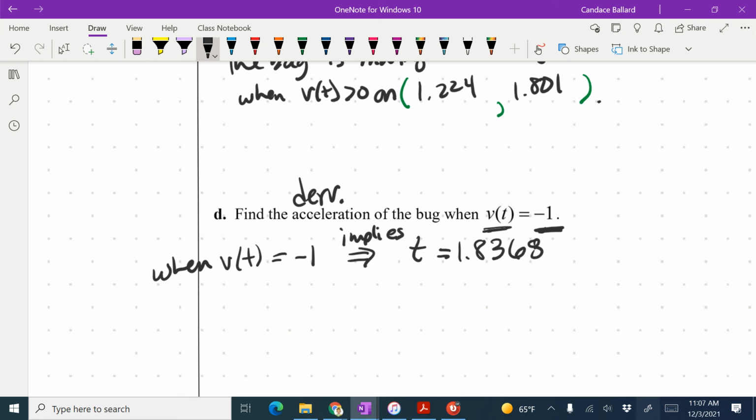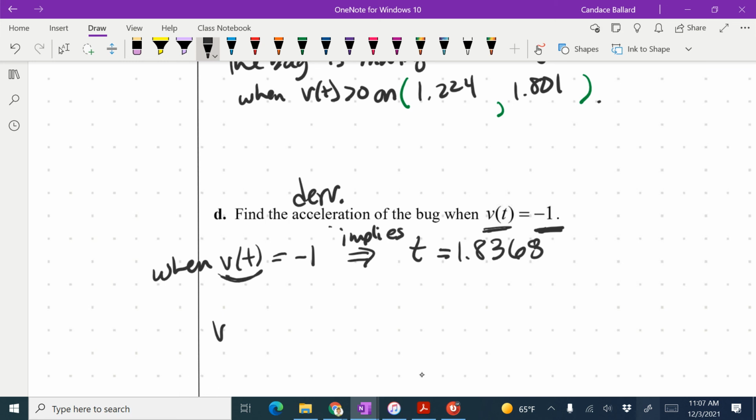Okay, but let's read our question again and see if we've answered it. It says we're supposed to find the acceleration of the bug when the velocity is equal to -1. Have I found the acceleration? No. I found the time when the velocity is equal to -1. What am I going to do with the time? What am I going to have to do to the velocity to get the acceleration?